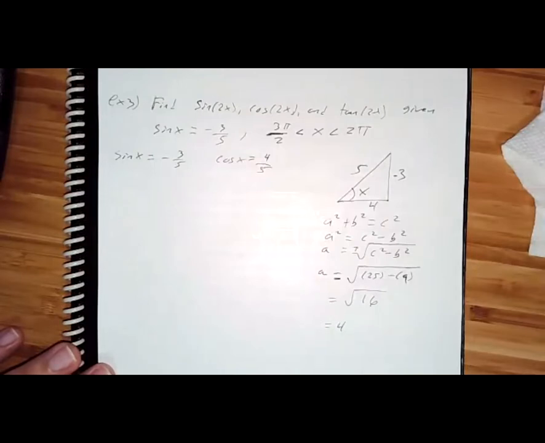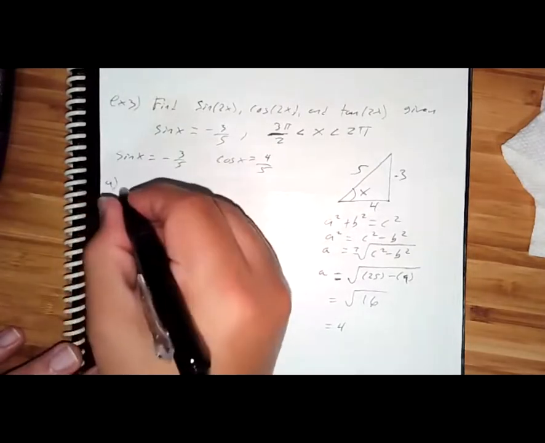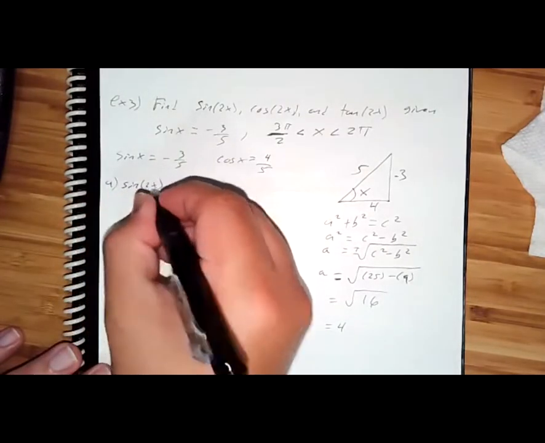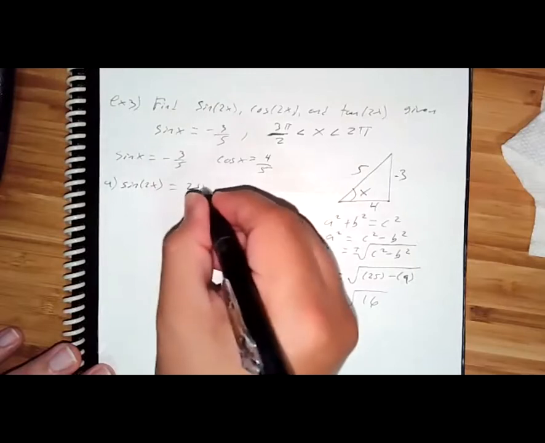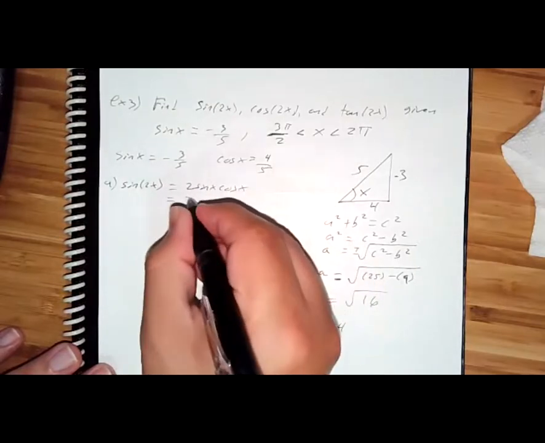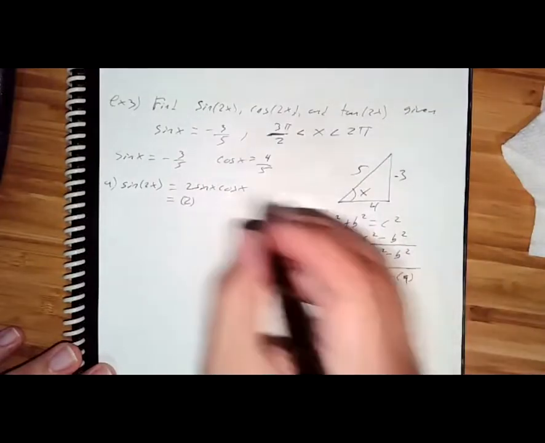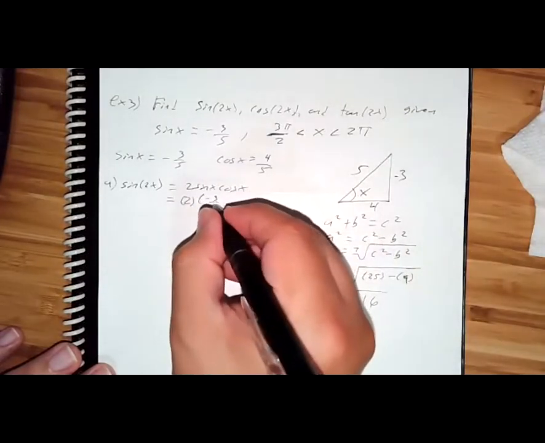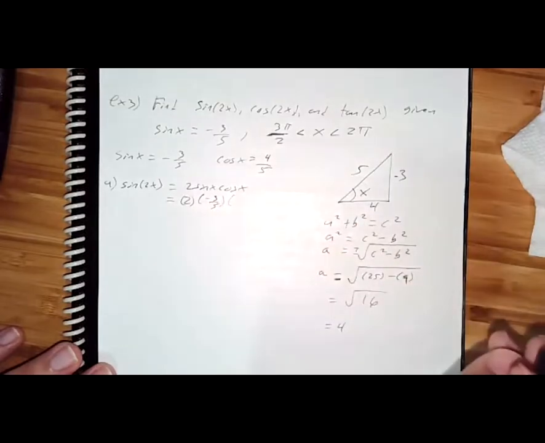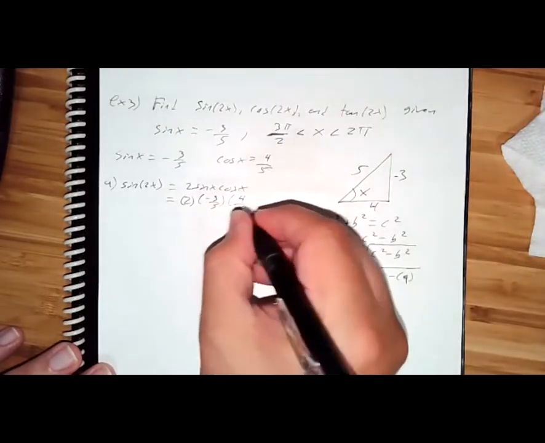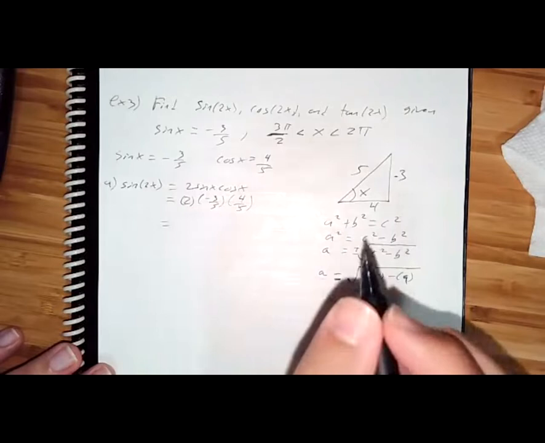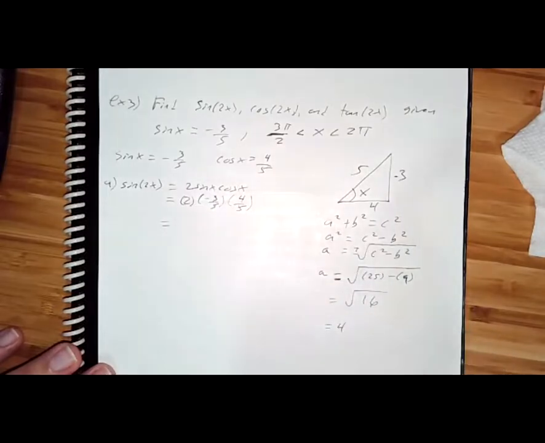Now I can begin answering the question. Part A, sine of 2x. So we know that that's equal to 2 sine cosine. So plug in the numbers, that'll be 2 times -3/5 times 4/5. So just plug in the sine and the cosine.